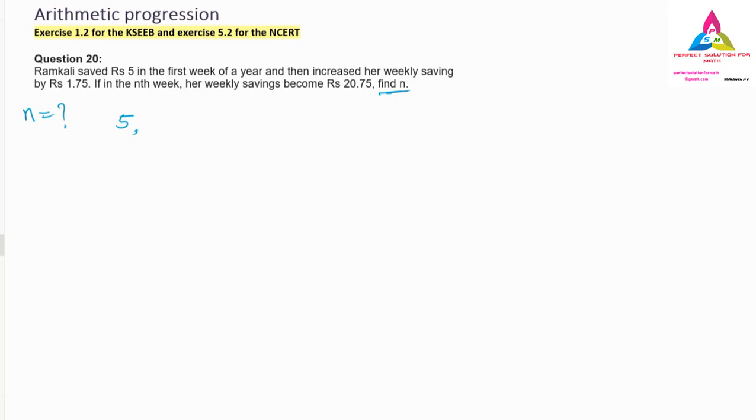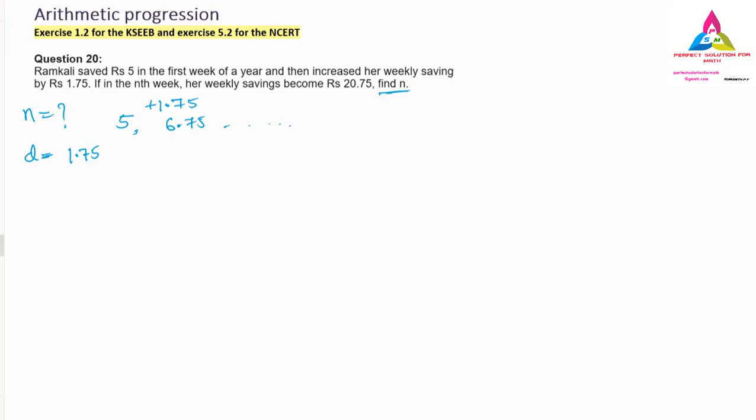So next week she increased her savings by 1.75. So here I have to add 5 plus 1.75, which directly gives 6.75. Understood? So this plus 1.75 is the increase, nothing but the d value. I have taken plus, or you can write down 1.75 directly also. So d value is given.